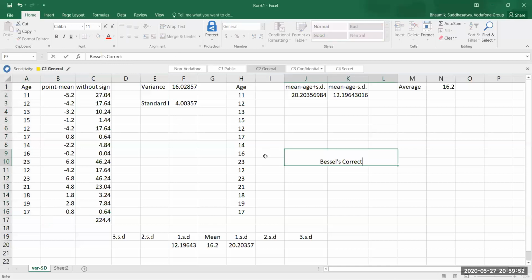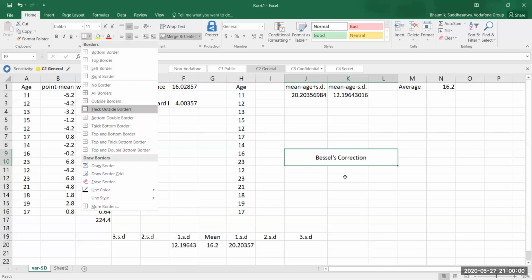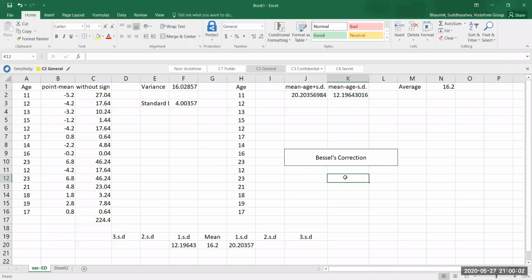There was a statistician named Bessel who found this out, that it depends on what kind of sampling technique you have used to come to these 15 samples. I don't know what kind of sampling techniques you may have used. I have simply got the sample, and I can't assume anything about it. So there is no point in blindly applying all the out-of-the-box formulas which I have.